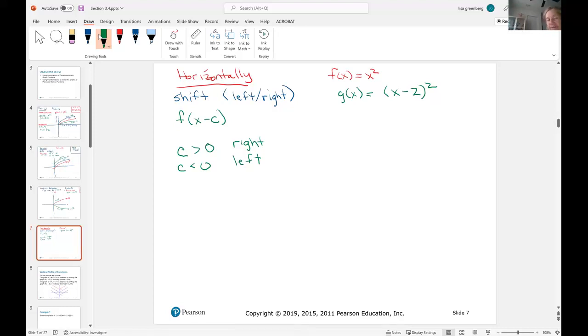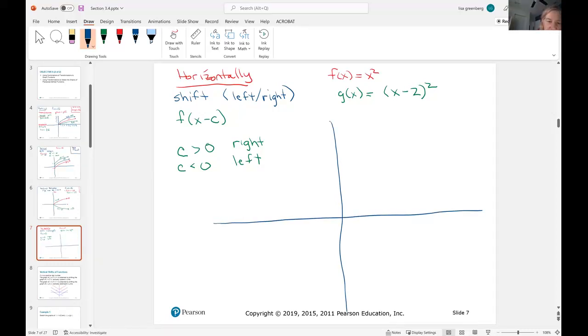And people get very confused because it looks like a -2, and so people want to move it left. So here's what the graph would look like. If I start out with my normal x squared graph, I should probably stick to an easier one for me to draw. So let's say this is my x squared.